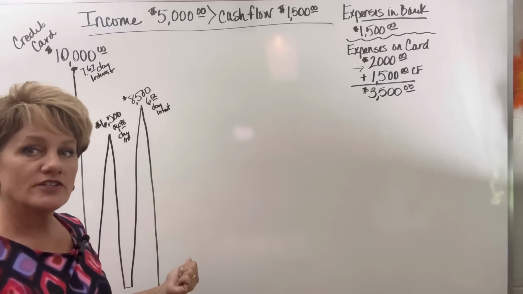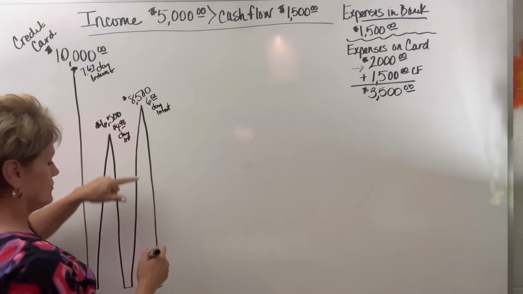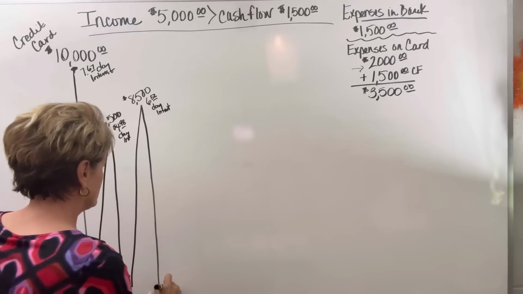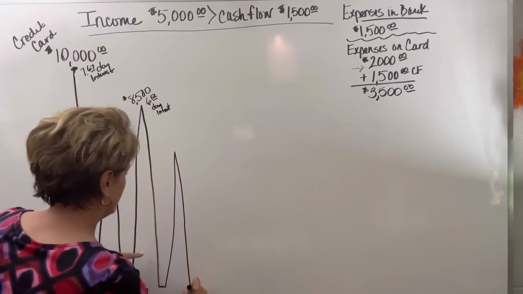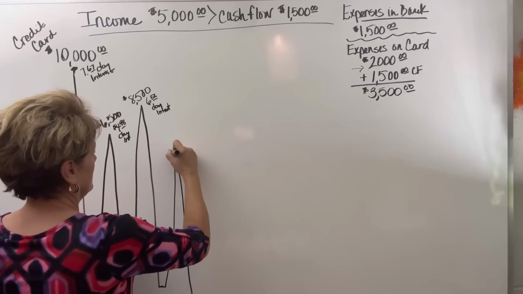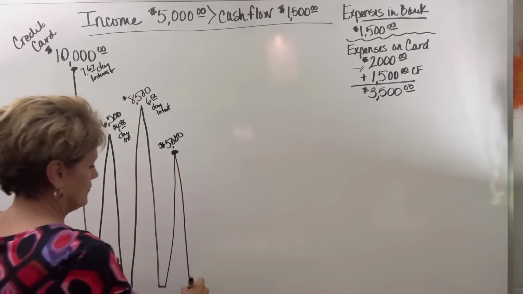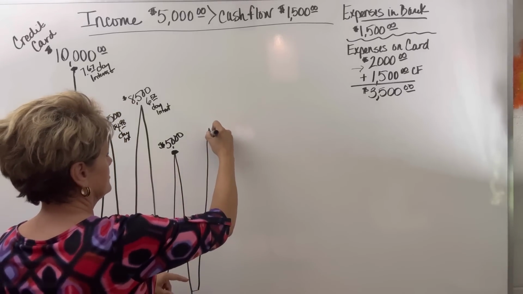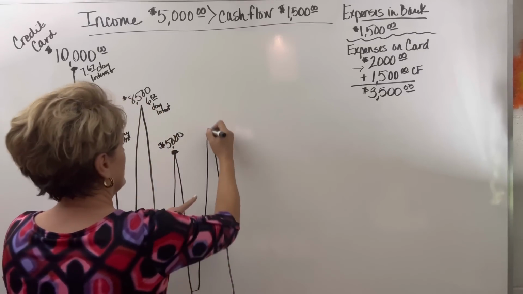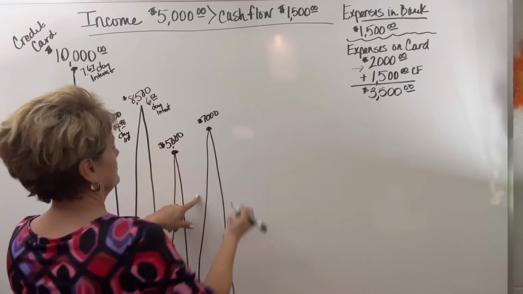So let's move on into the second month. You're going to make the $3,500 deposit into the $8,500, which means now the balance is at $5,000, right? But then you've got to add in those expenses. So we're going to add $2,000 back in expenses. And now our balance is at $7,000, right?